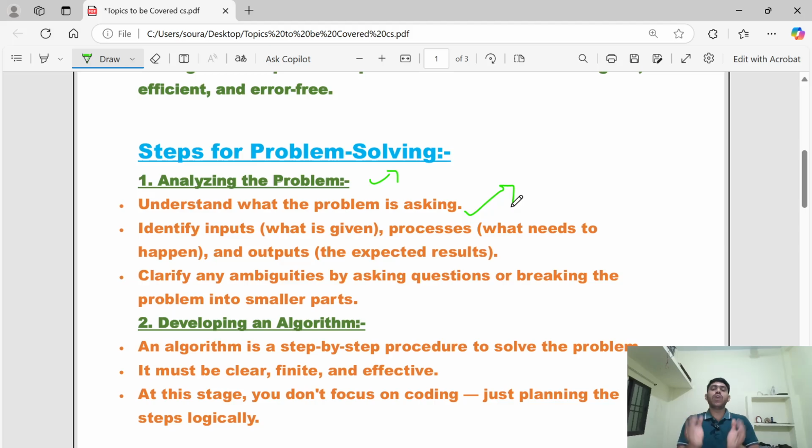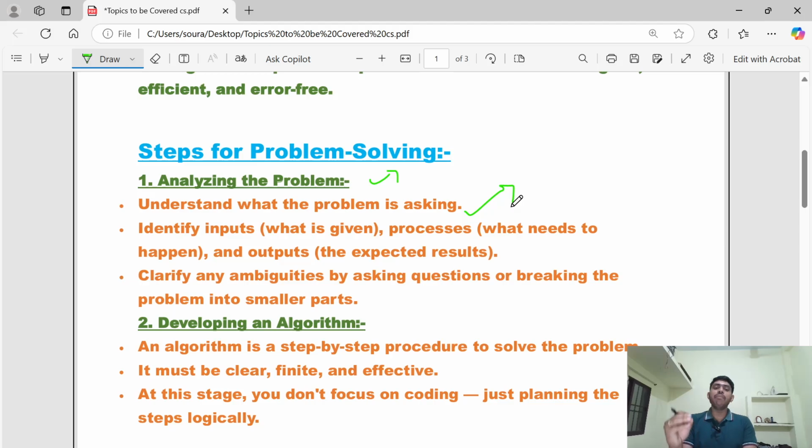The process, what we need to do to convert that input, and finally we get the expected result. If you have given the proper input and applied the proper process, then our output should be as expected. What we are expecting, that same output we are going to get.